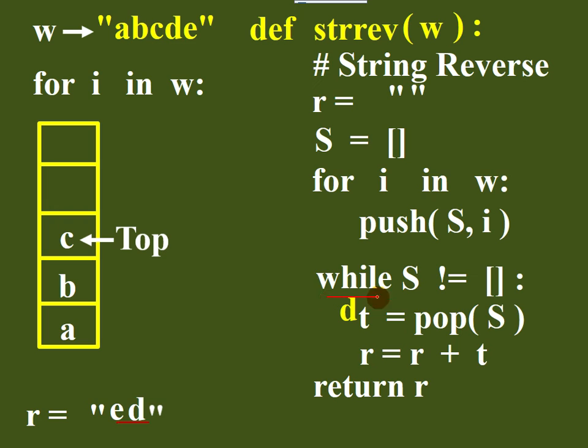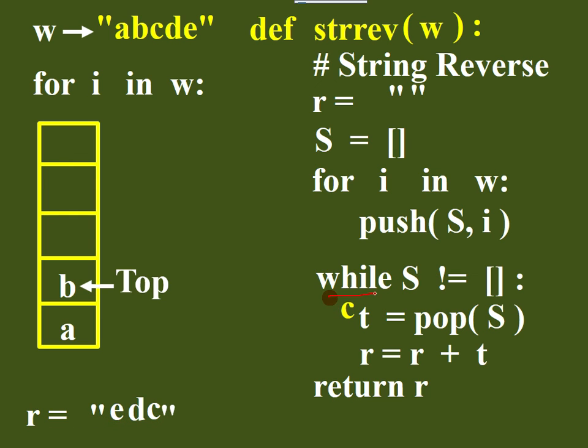Again, because of while loop, statement repeats. The stack is not empty. You can see that. So pop will remove the topmost element from the stack. It is stored in the temporary variable T. Now this is removed from stack. R is equal to R plus T. So now variable R points to ED. Variable T contains C. So ED concatenated with C, you get EDC.